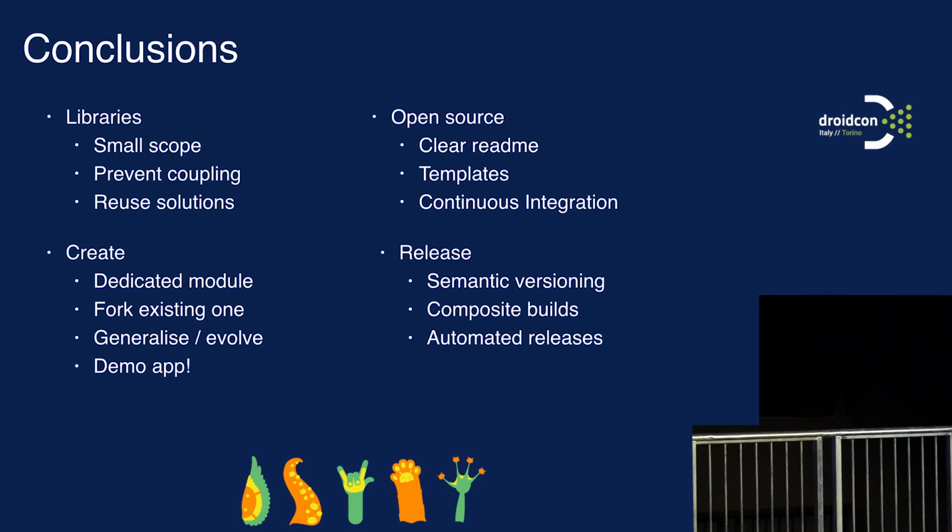Templates are very powerful, and so is continuous integration, to keep the good quality of your library or any project in general. And finally, remember semantic versioning when releasing. Composite builds will save you a lot of time, and a lot of releases you can avoid. And having automated releases is going to remove one pain point from developers and make everything basically quicker and faster.